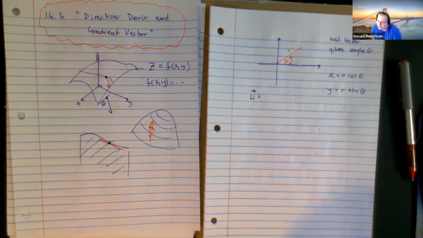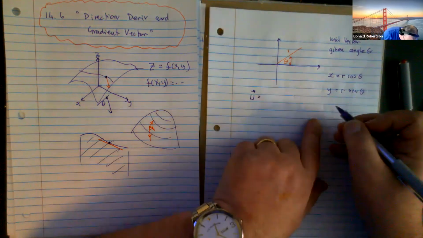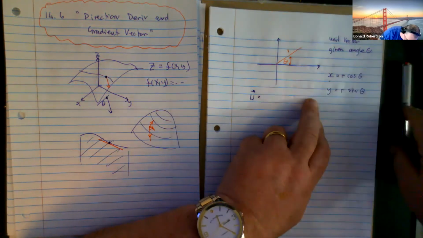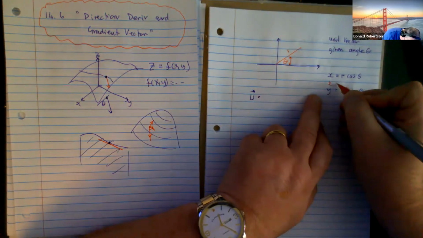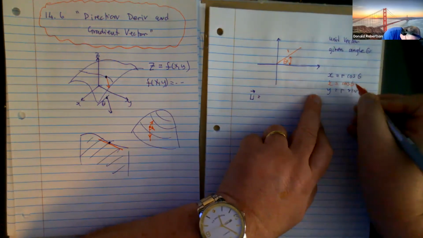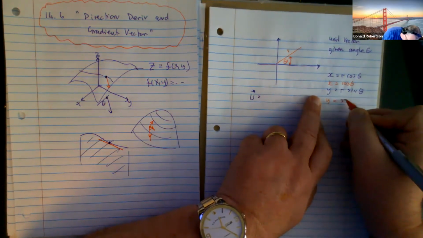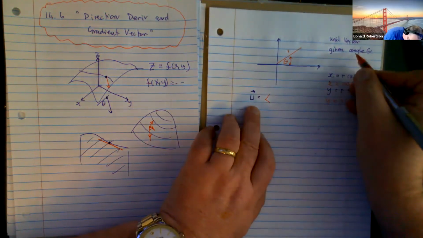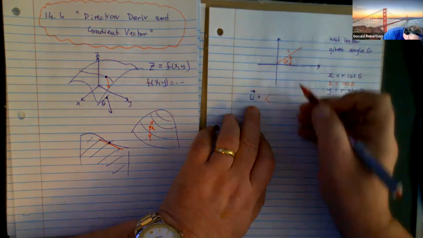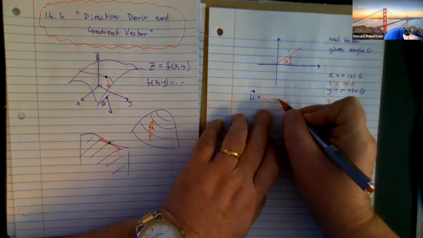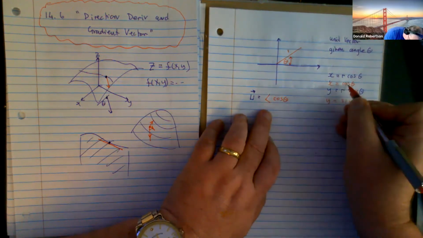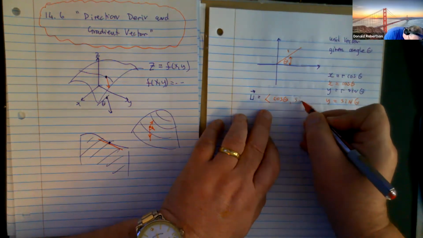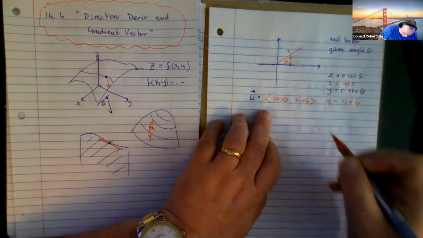In this case, since the radius is 1, doesn't the x end up just being cosine theta, and the y end up being sin theta? So a unit vector that makes an angle theta with the x-axis has components: the x component is cosine theta, and the y component is sin theta.